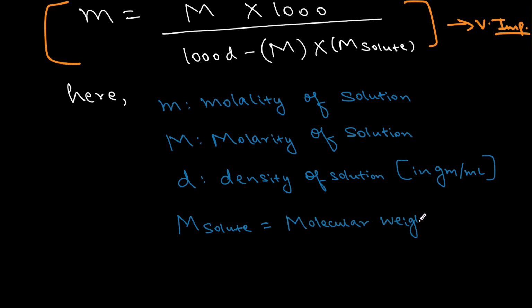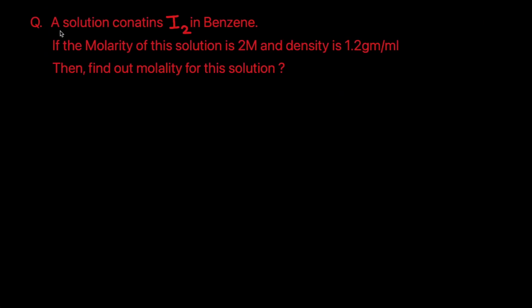So just remember this formula and you will be able to solve the problems. Now moving further, we will solve a problem here. A solution contains I2 in benzene. If molarity of solution is 2 M and density is 1.2 gram per milliliter, then find out molality of solution. Pause the video and solve by yourself.